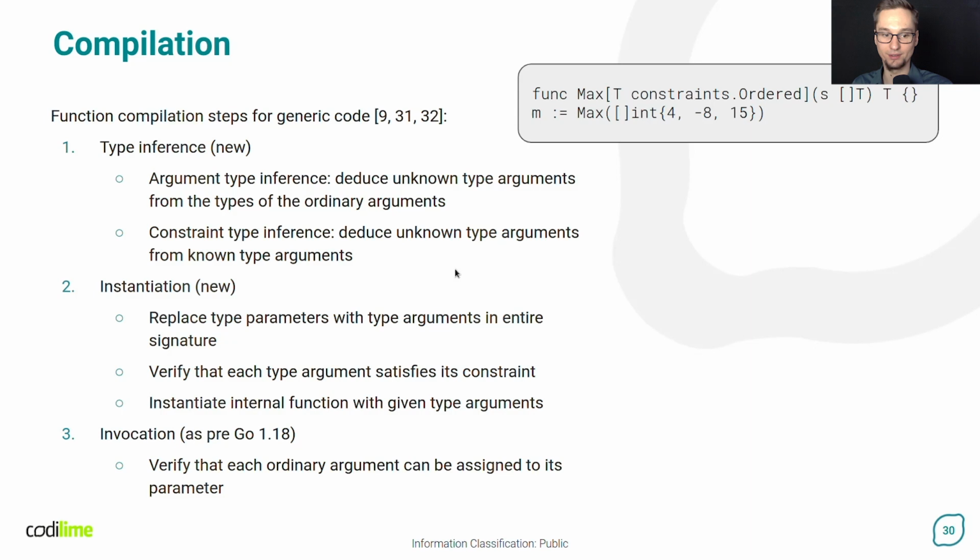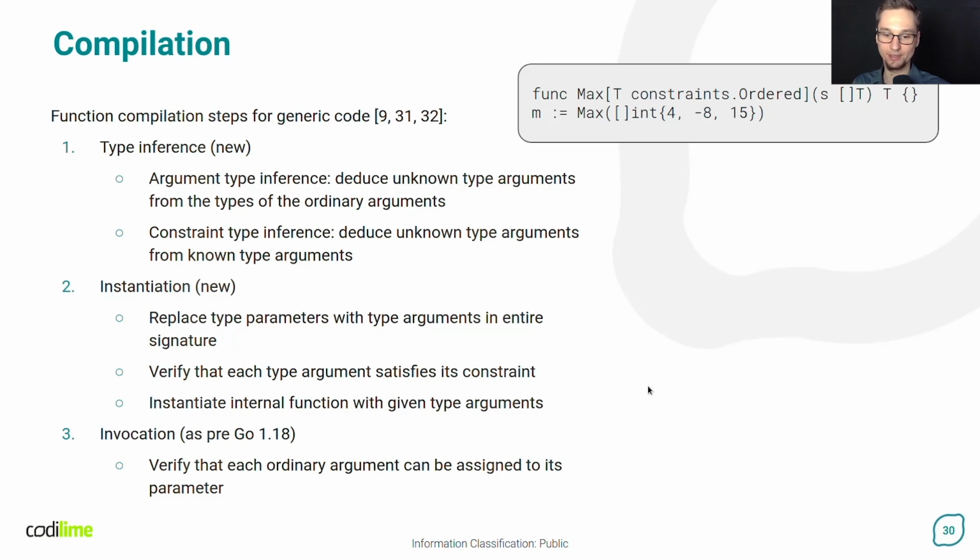Then we have an instantiation step. Basically the compiler replaces type parameters with type arguments in the entire signature. Then it verifies if those type arguments satisfy the constraints, and then the compiler does instantiation of the internal function with given type arguments.